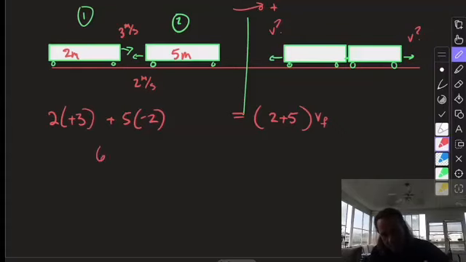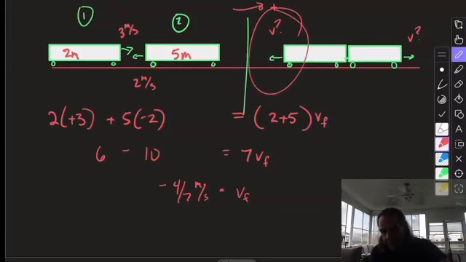So I get 6 minus 10 equals 7 VF. So it looks like the final velocity is -4/7 meters per second. That clearly tells me that it's going to the left after the collision. Now, we kind of knew that, right? The bigger car going to the left had more momentum than the smaller car going to the right.